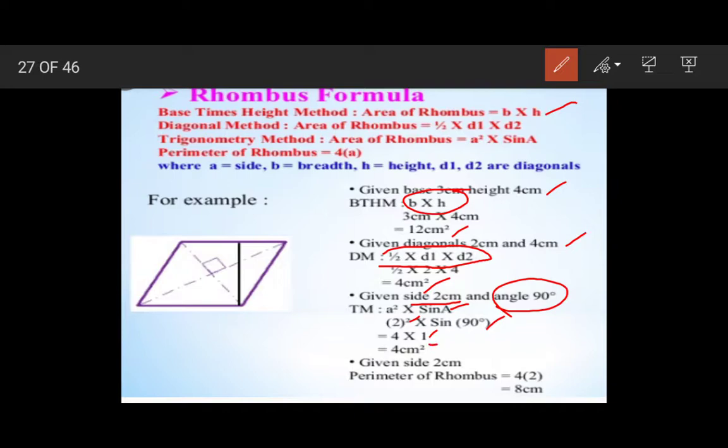So 4 centimeter square. Suppose side is given as 2 centimeter and we are interested in finding the perimeter, then the formula is 4 into side. So perimeter will be 8 centimeter.